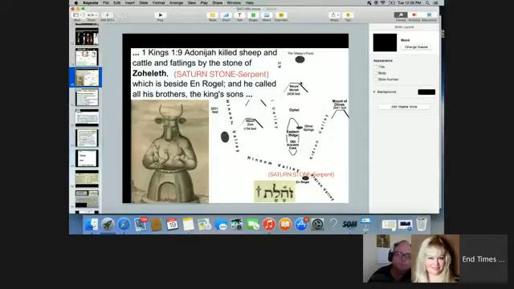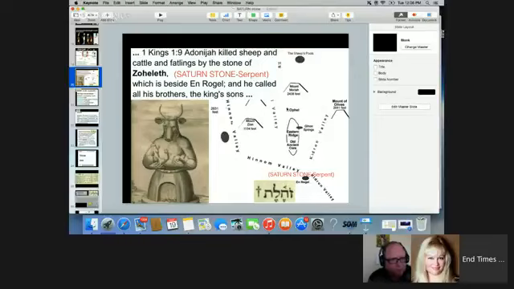Here's the Temple Mount, and here's the Hinnom Valley, and here is where the stone is. This is where all the Baal worship was. This is where people sacrificed their children to Baal, and the blood would go down this valley all the way down to the Dead Sea. And I've had my own theories on that, that the sea is also the abyss, and maybe the blood went in there where all the demons are, underneath.